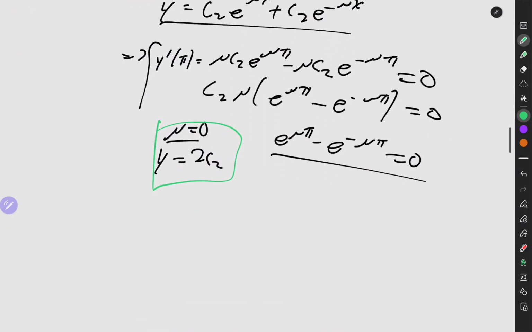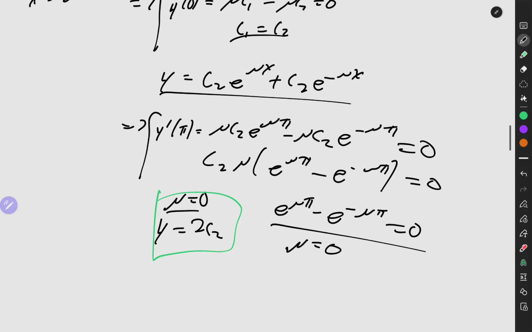So now we look at this one over here, and we see that this is true when mu is 0, because if mu is 0, then this becomes 0 because it's 1 minus 1. So that just leads to the same thing over here, showing that y is constant.